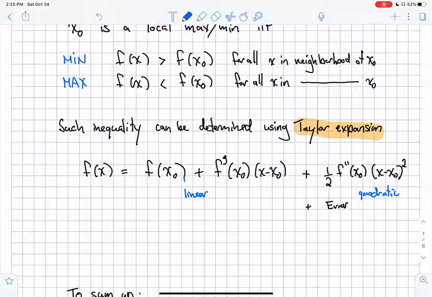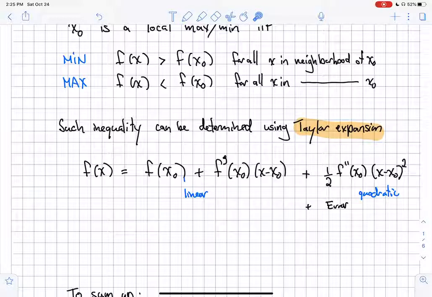Now how can I relate that to the local max and local min? If I want a min, I want f of x around x0 to be always bigger, so f of x minus f of x0 is strictly bigger than 0. But you see that you have a problem here, because x minus x0 can be positive or negative, depending on whether I'm left or right of x0.